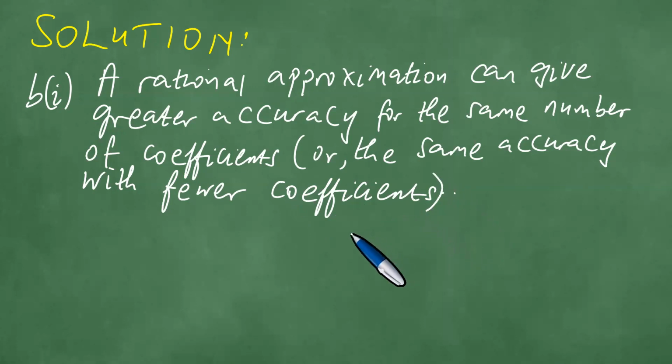A rational approximation can give greater accuracy for the same number of coefficients or the same accuracy with fewer coefficients.